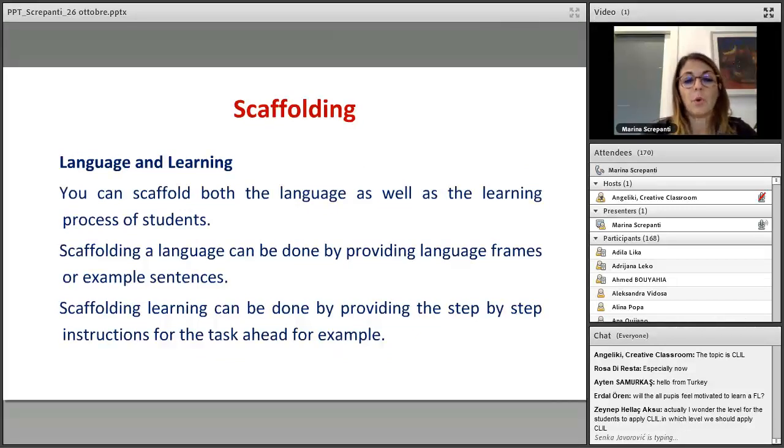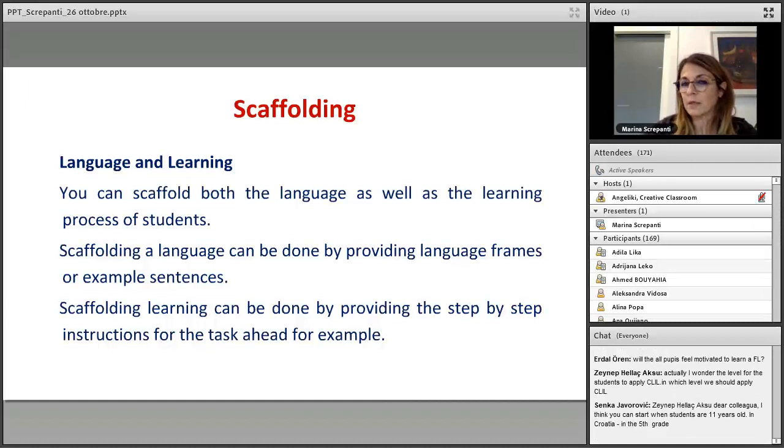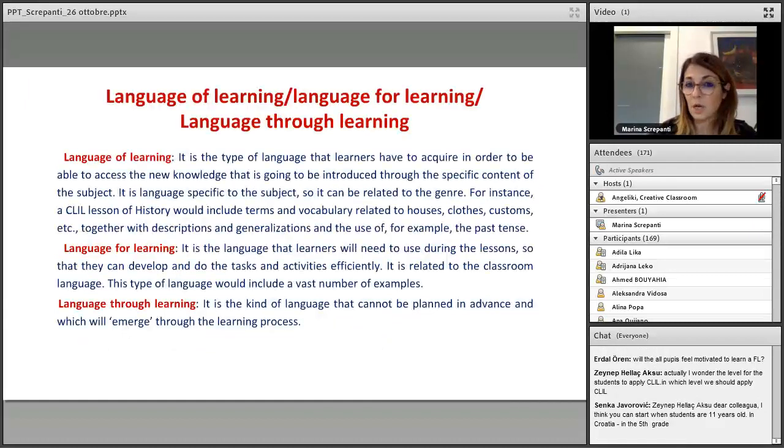For example, you can provide language frames, example sentences. You can provide instructions for the tasks, but not what they have to do, but just the instructions. I mean the steps. You should, for example, first read the text and then underline maybe, or take some notes, giving just the instructions.